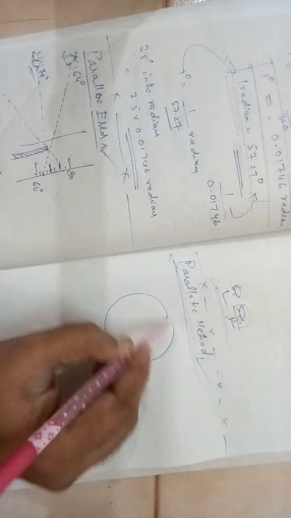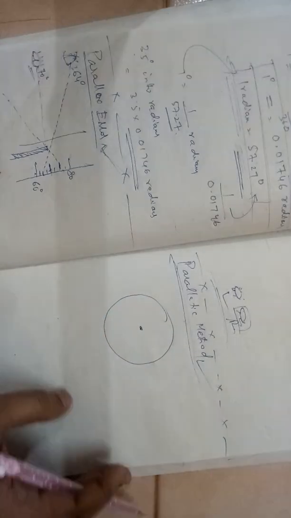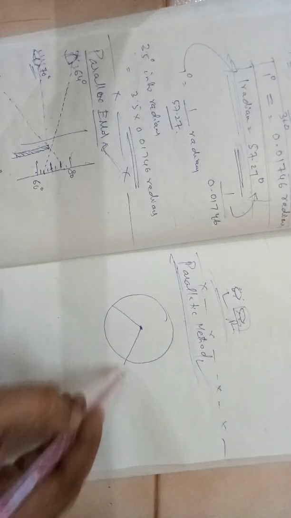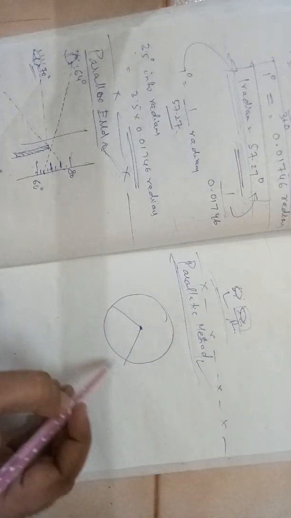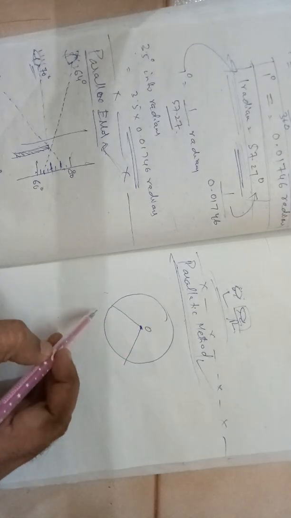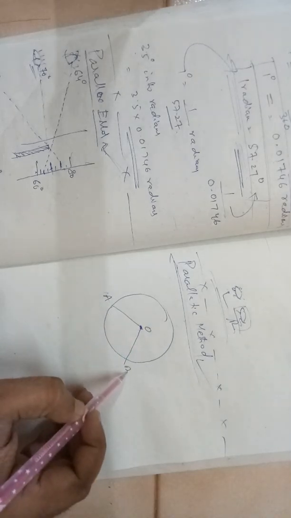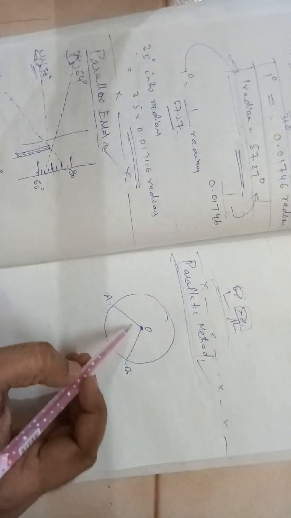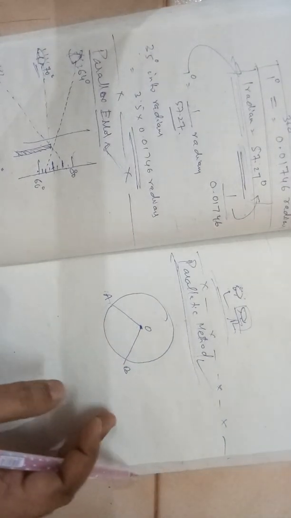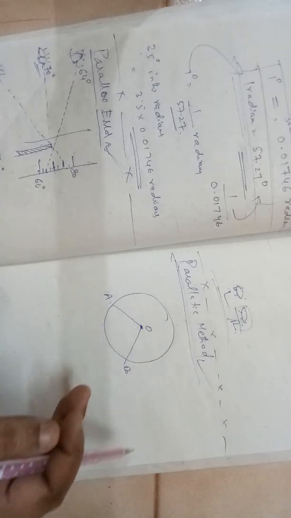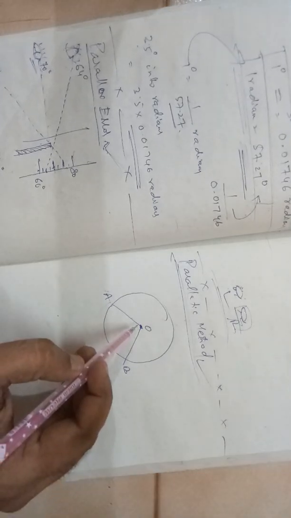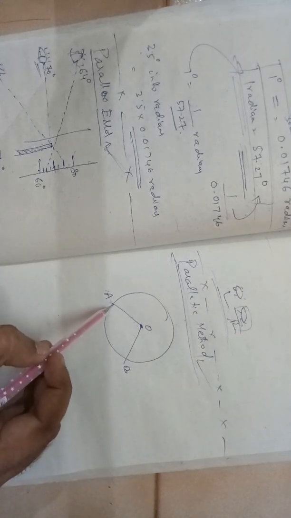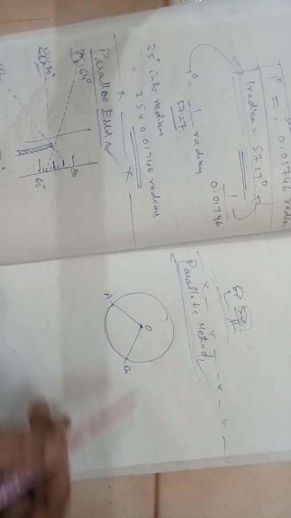Let us say there is a circle, it has a center O and some angle is subtended by this arc AB. If you see, this angle is a little big, it can be 60 degrees, 45 degrees. So when I shrink this angle, what will happen? Here there is an arc which is in a curve shape.